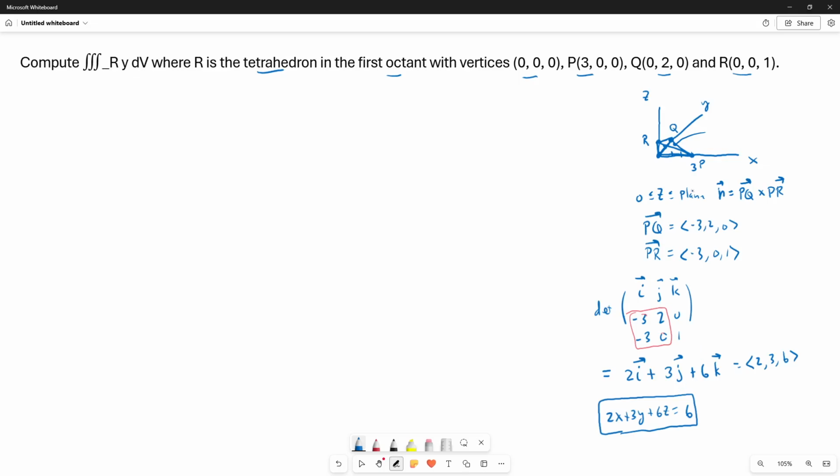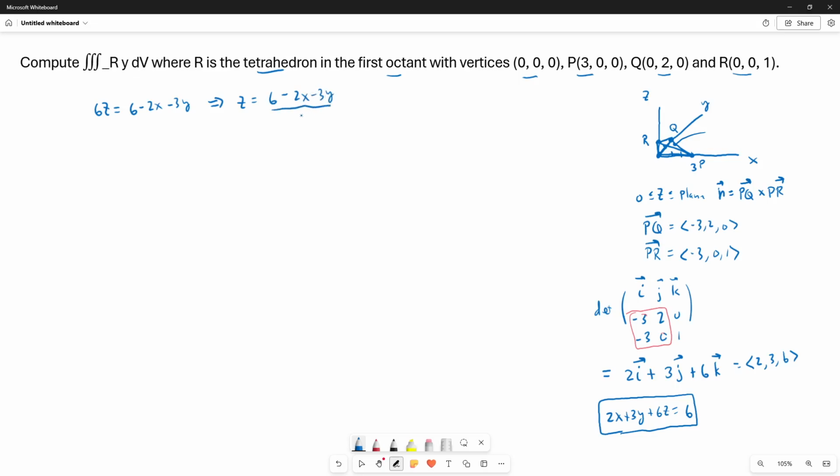Now, we need to solve this for z. So let's put that over here. So 6z is equal to 6 minus 2x minus 3y. So z is equal to, just divide by 6.